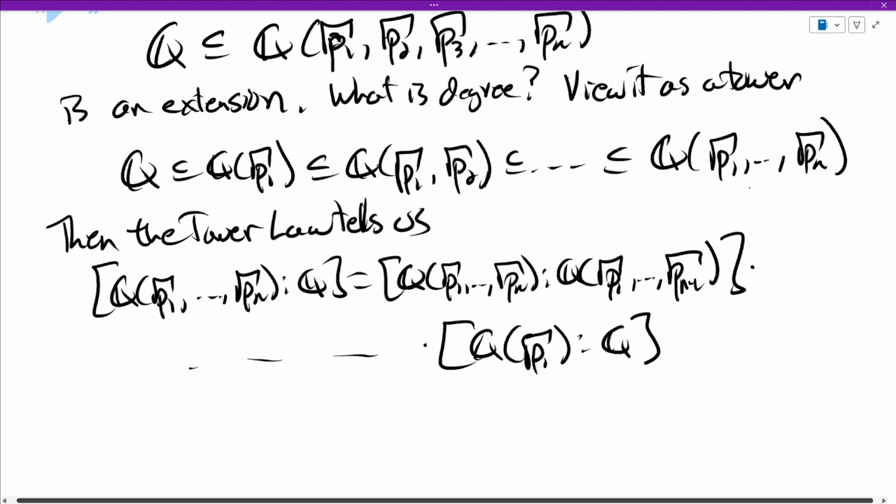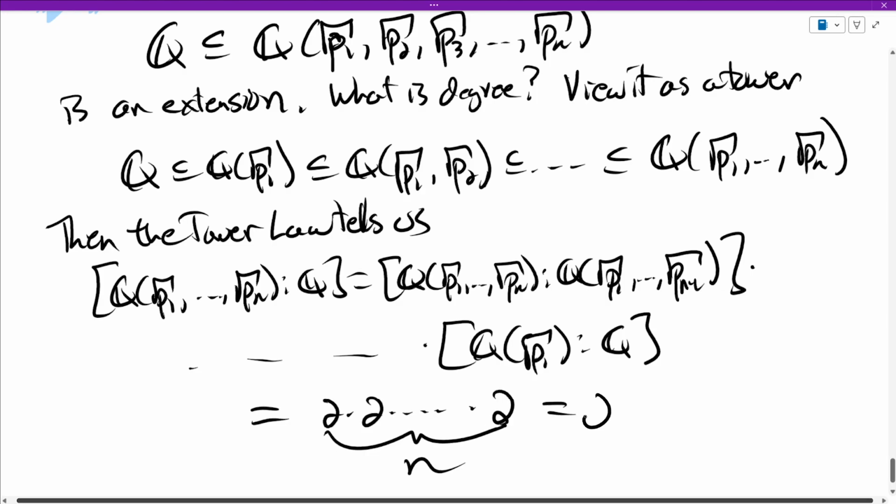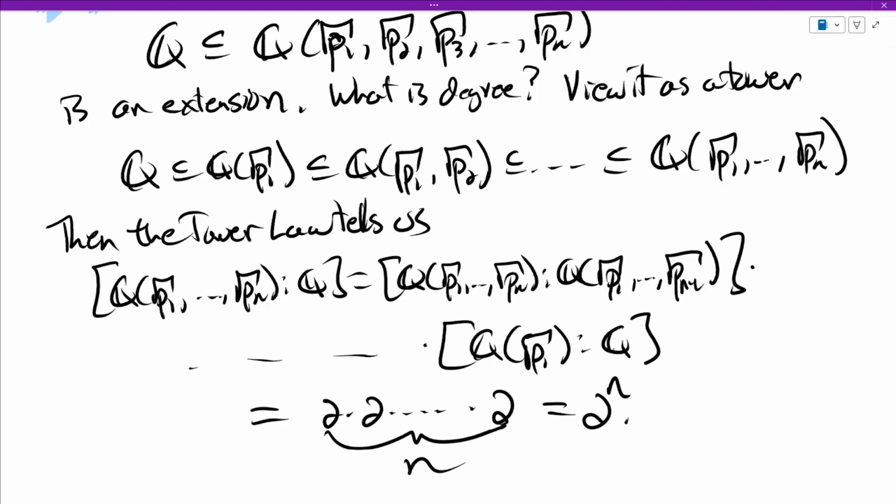That means there's n jumps. The jumps are the different extensions. Each of them is degree 2, because we just add in a square root, but there's n of them. So we get something of degree 2 to the n. Okay. All right, so that's an example using the tower law in full generality.